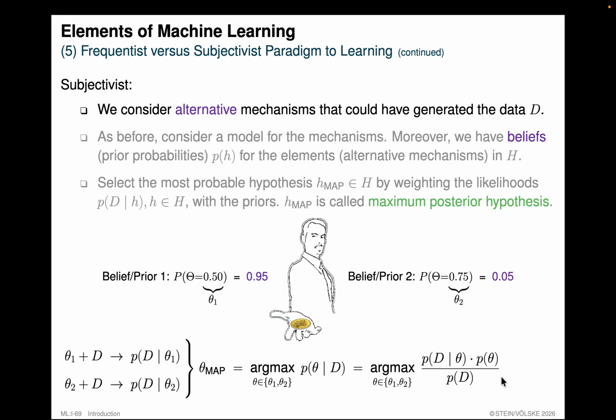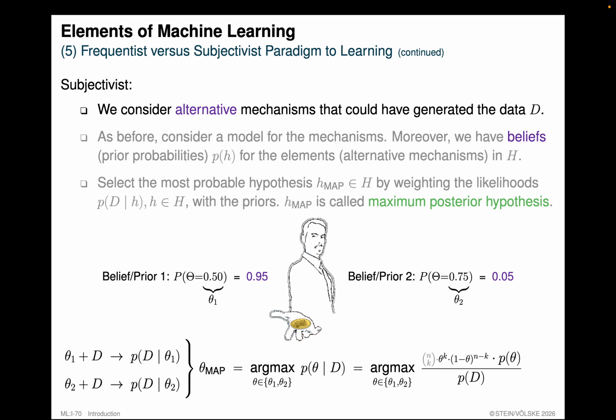Using Bayes' formula, we compute the likelihood of the data having been generated using the binomial distribution under this theta, for example, theta 1 or theta 2, multiply that with our prior of that actually having happened, and divide that by the likelihood of seeing the data in the first place.